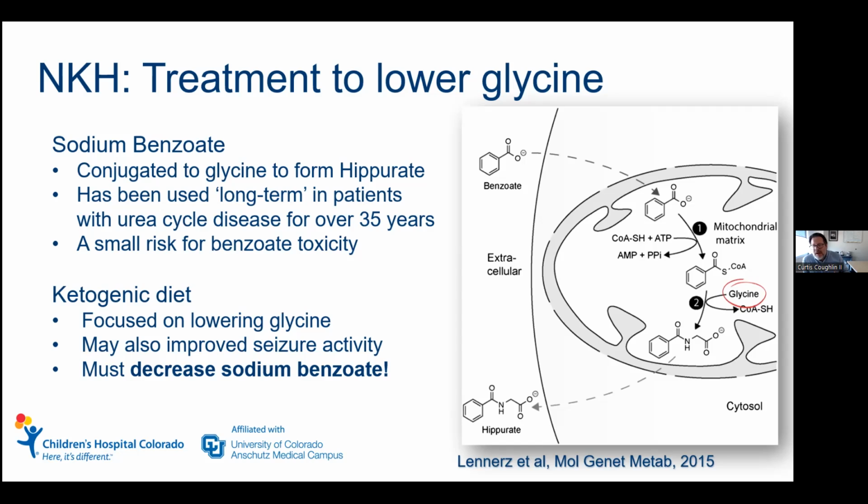There have been a couple of case reports that suggest the ketogenic diet has been associated with a better outcome in patients with NKH. One thing it does seem to do is also improve seizure activity. So maybe there are fewer seizure medications, and that in itself can improve quality of life.